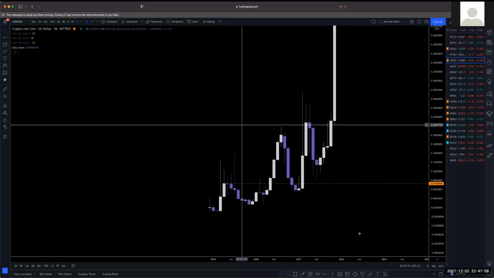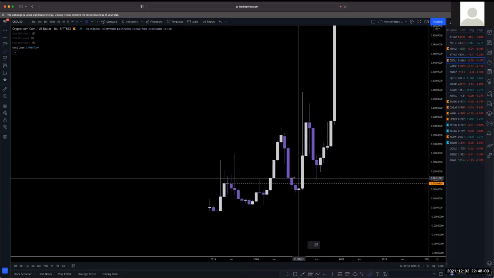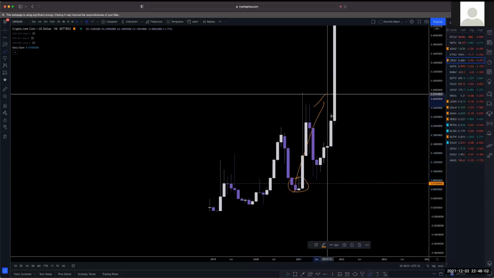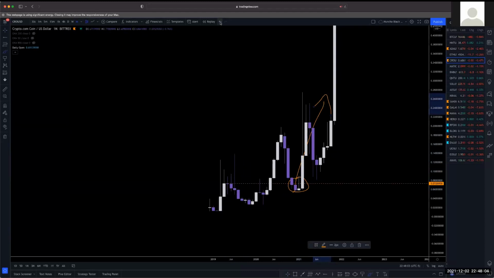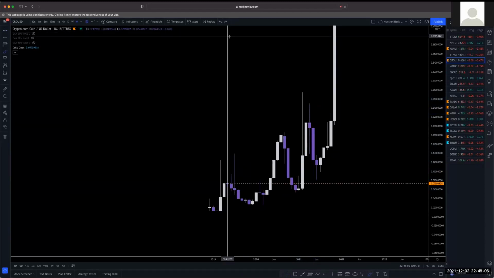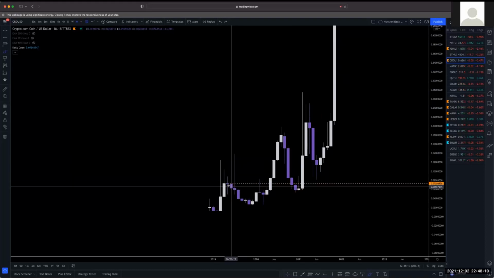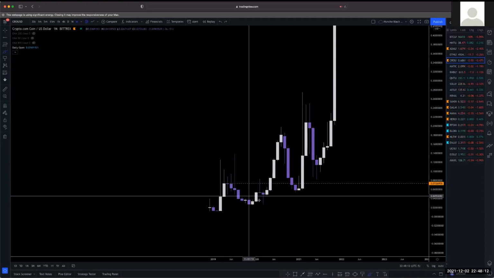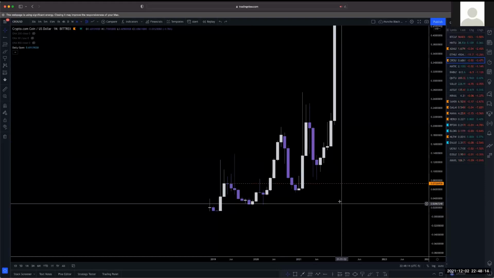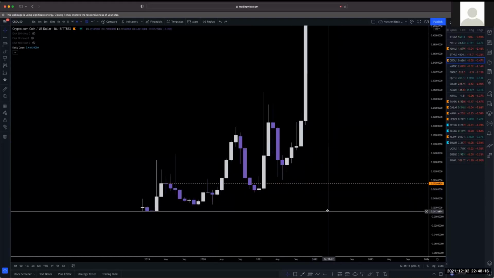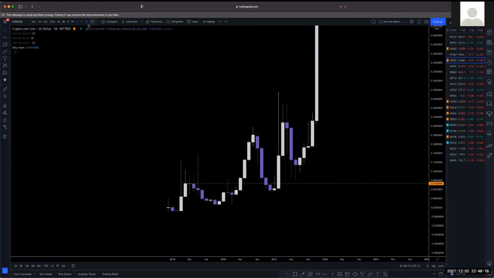I'm not saying go in as soon as it touches one of these lines, because it may reject and go the opposite direction. But just like with structure, the higher the time frame, the stronger the support and resistance level.